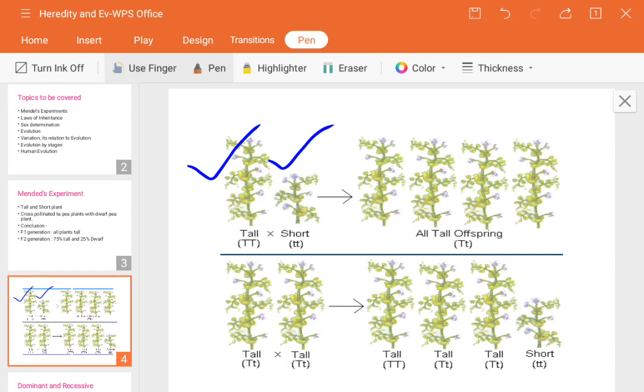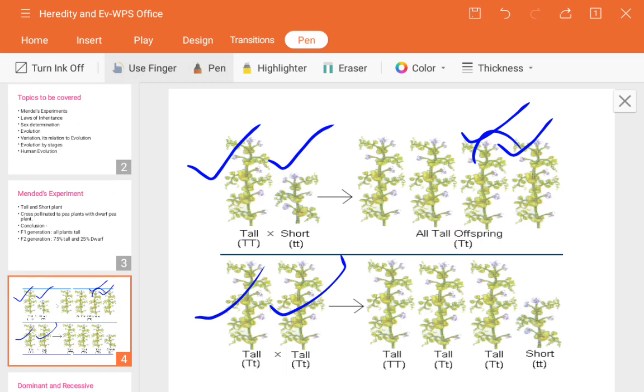So after self pollination in the offspring only, he chose these plants only. Okay, so you can see that he chose the offsprings.